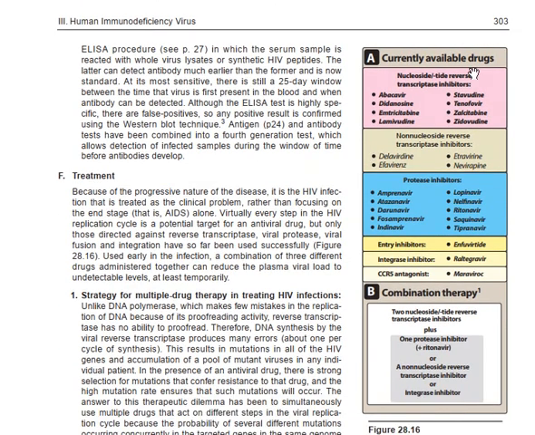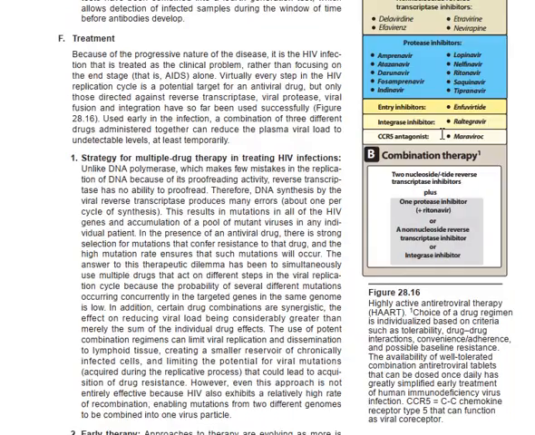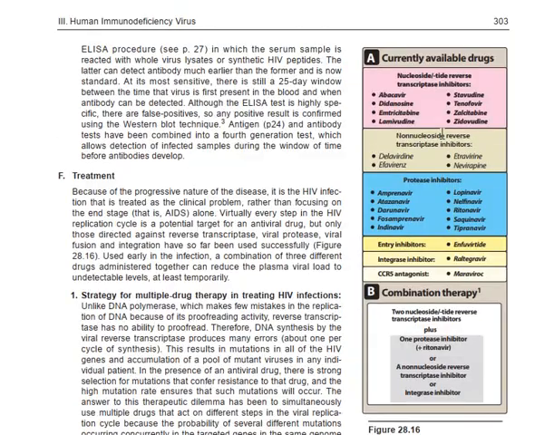Now, what are the currently available drugs? Is it clear? The currently available drugs for HIV are used to do highly active antiretroviral therapy. You need to know that there are nucleoside and nucleotide reverse transcriptase inhibitors: abacavir, didanosine, emtricitabine, lamivudine, stavudine, tenofovir, zidovudine.